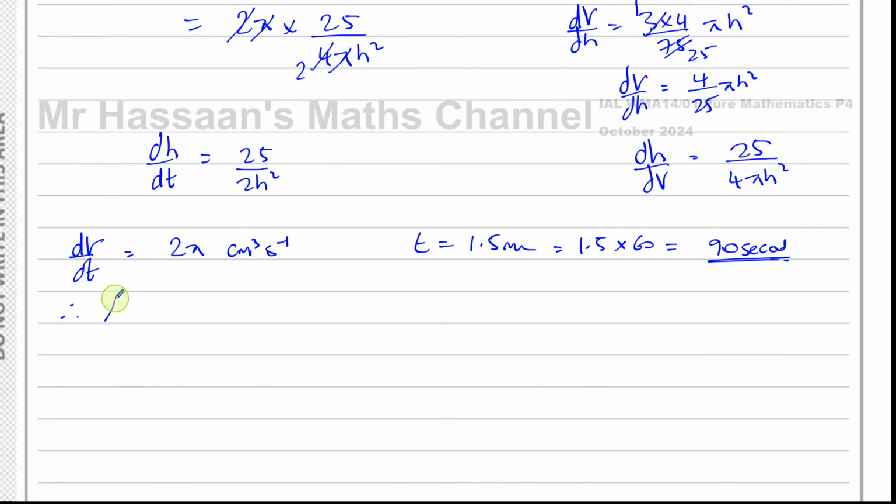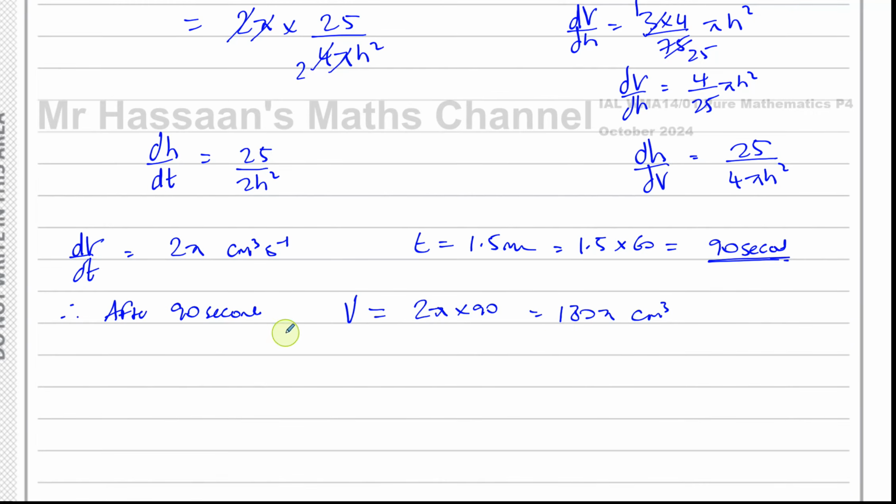So after 90 seconds, the volume of the water is going to be 2 pi times 90, because every second 2 pi centimeters cubed flows into the container. It's a constant flow. That gives us 180 pi centimeters cubed after 90 seconds. So that's the volume in the container.